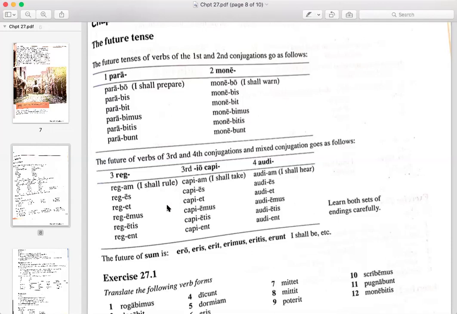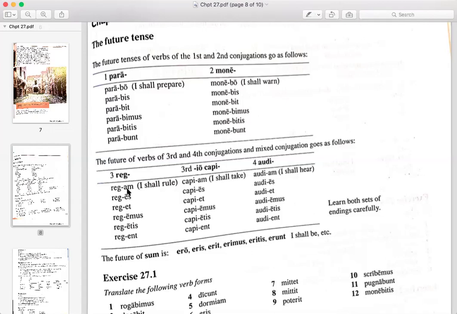Where things get a little bit tricky is down here in the third and fourth conjugations. All you're going to have is a vowel change. You're not going to have a marker like the bi, the bo, or the bu, but the vowel will change. So your example here is rego. Remember that it's a short E for your infinitive ending.